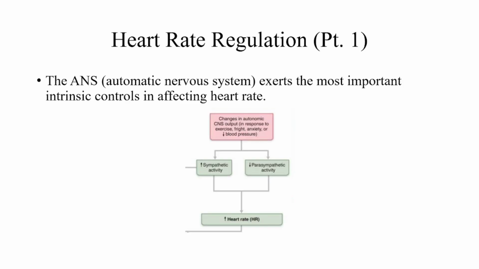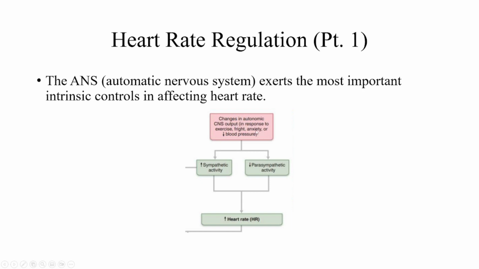Now we're going to talk about heart rate regulation. The autonomic nervous system exerts the most important intrinsic controls in affecting heart rate. As you can see here, I've kind of chopped up that diagram, but this is basically what it's talking about when it's talking about the autonomic nervous system.